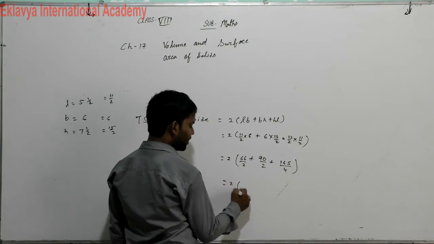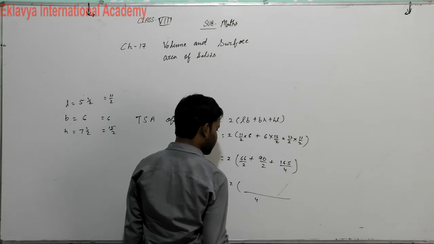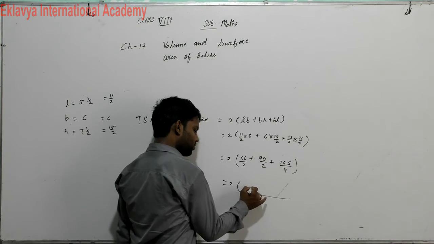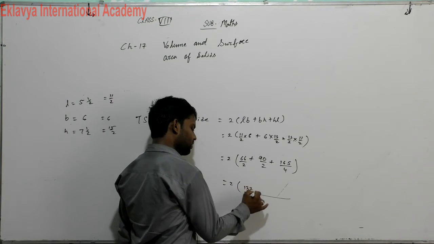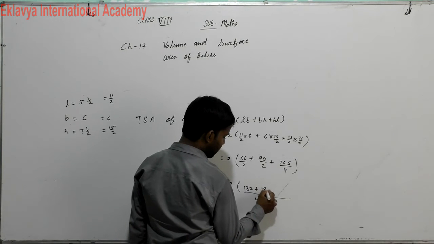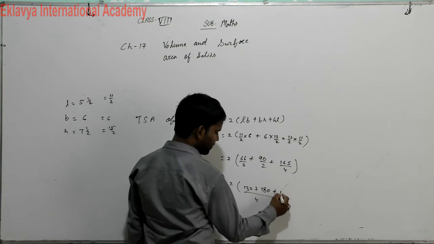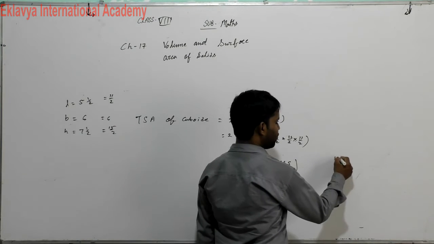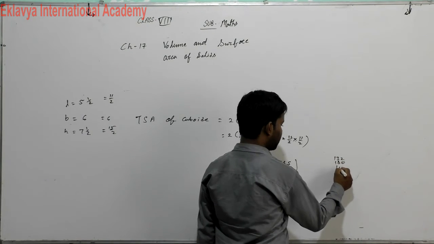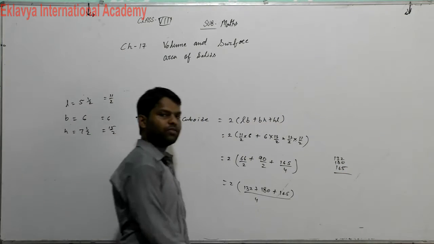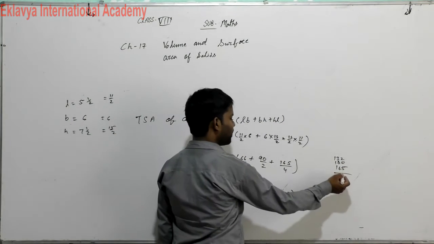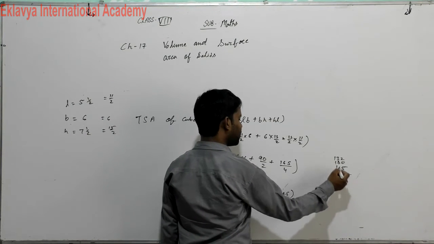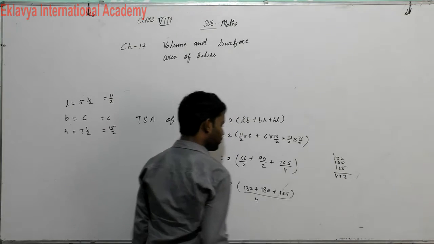Now if we take LCM here, then 4 is the LCM. Then 66 twos are 12, 60 twos are 12, plus 92 twos are 180, plus 165. Now if we add 132 plus 180 plus 165, then we get 2 plus 5 is 7, 3, 8, 11 and 6, 17, carry 1, 471.